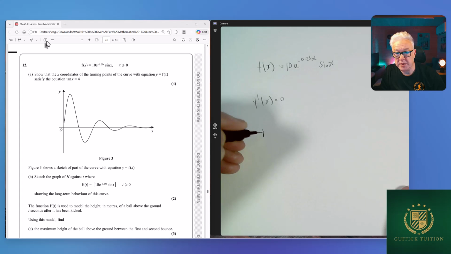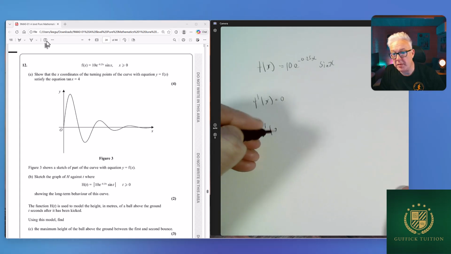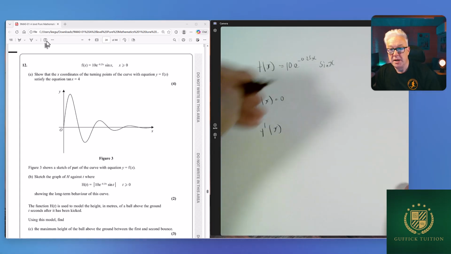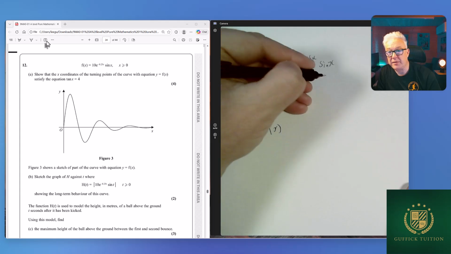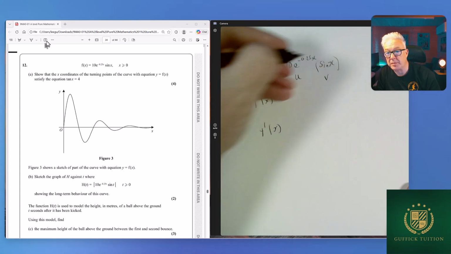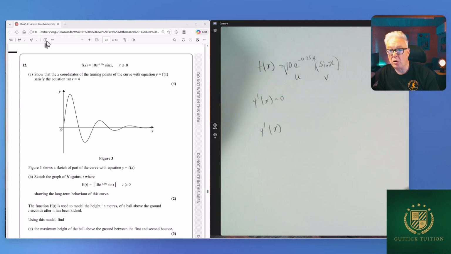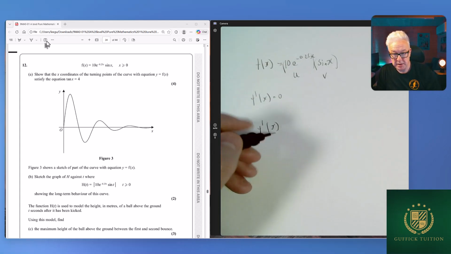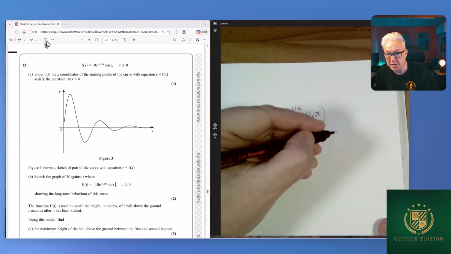So what we need to do is differentiate our f of x. Now this is a product because we have two things that are multiplied together. So I'm going to call my u 10e to the minus 0.25x and my v sine x. Let's see what our u dashed is going to be.